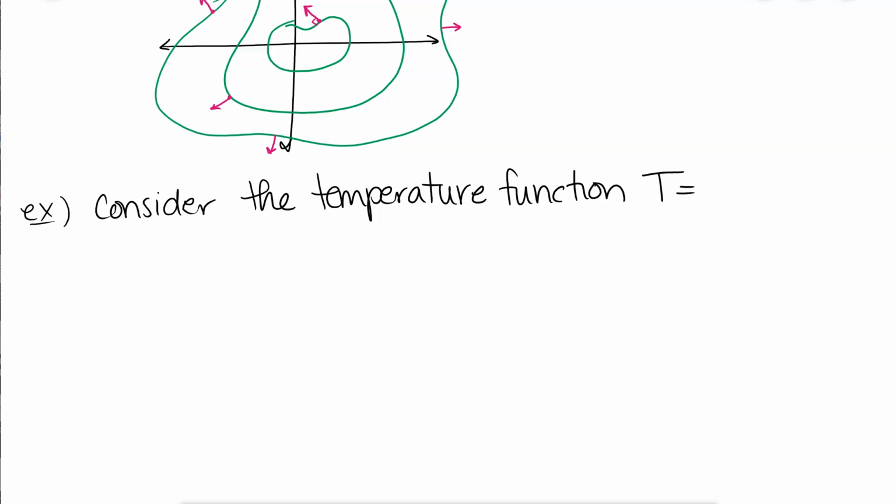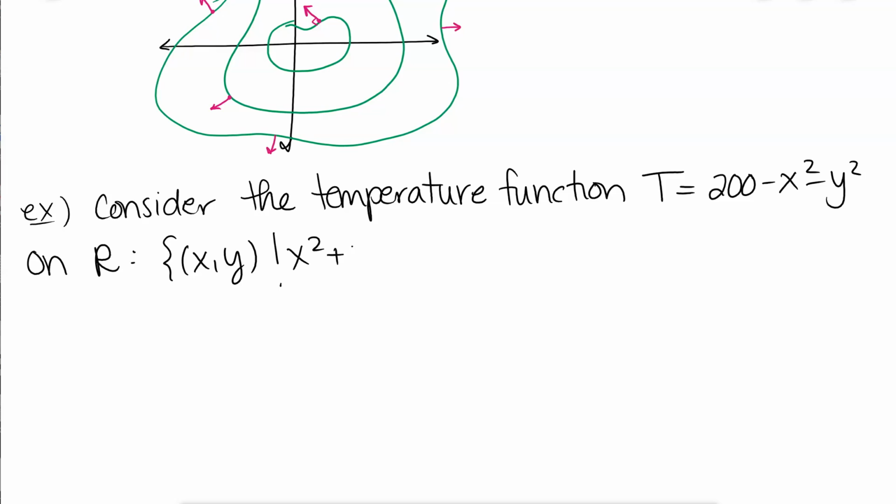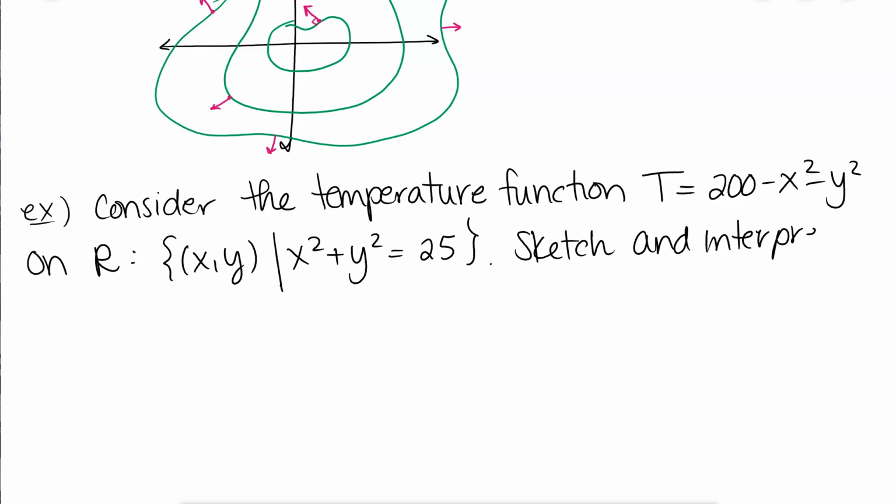Let's consider the temperature function T equals 200 minus x squared minus y squared on some region R, and this region is just going to be a circle centered at the origin with radius 5. So let's sketch and interpret the gradient field.